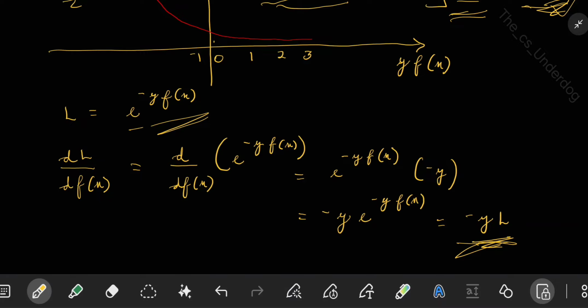Whenever you are training the model, you use the gradient in order to update your parameters. Because loss is directly there in the gradient, it is easy to explain that because loss is large, the magnitude of this value is going to be large. The gradient is going to be large.